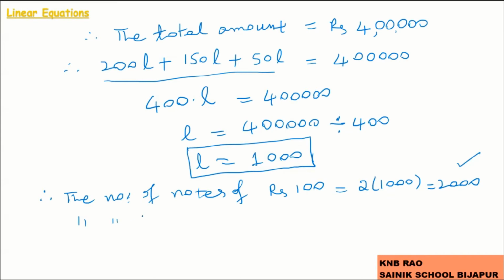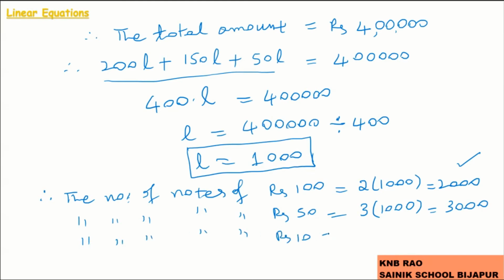Similarly, the number of notes of rupees 50, 3 times L, that means 3 times 1000 gives you 3000 notes of rupees 50, and the number of notes of rupees 10 is 5 times L, that is 5 times 1000, there are 5000 notes of rupees 10. This is how we conclude. Now coming to question number 15.